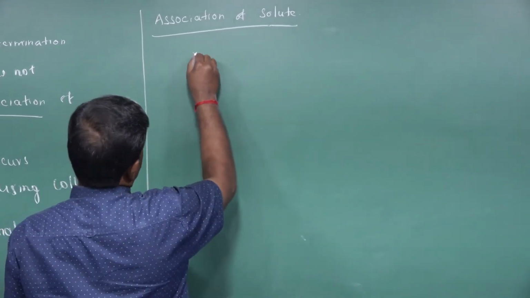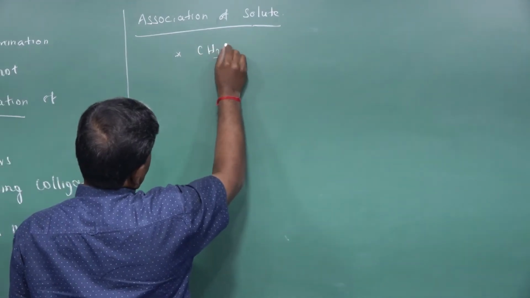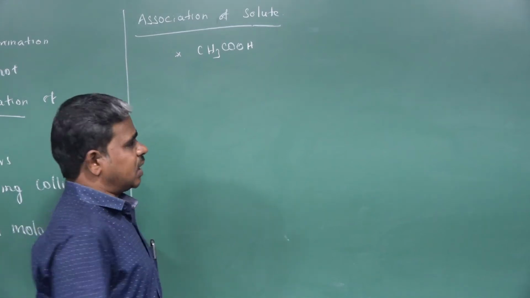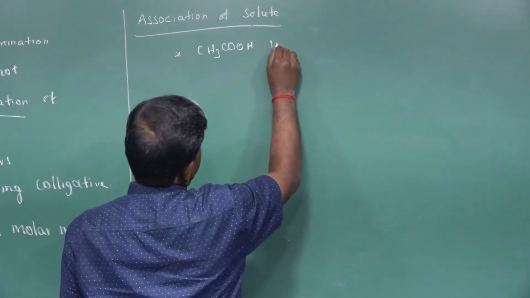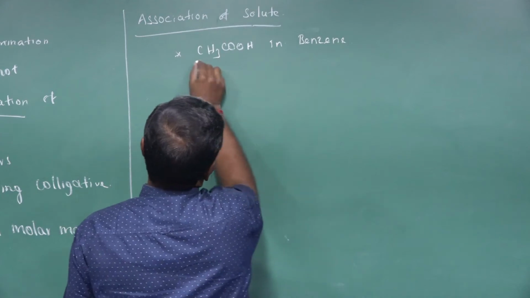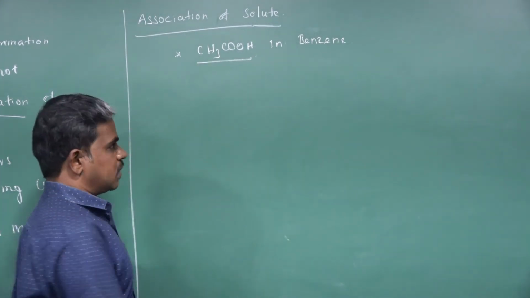Suppose we are taking acetic acid, CH3COOH, in benzene. Now acetic acid is associated and becomes a dimer.